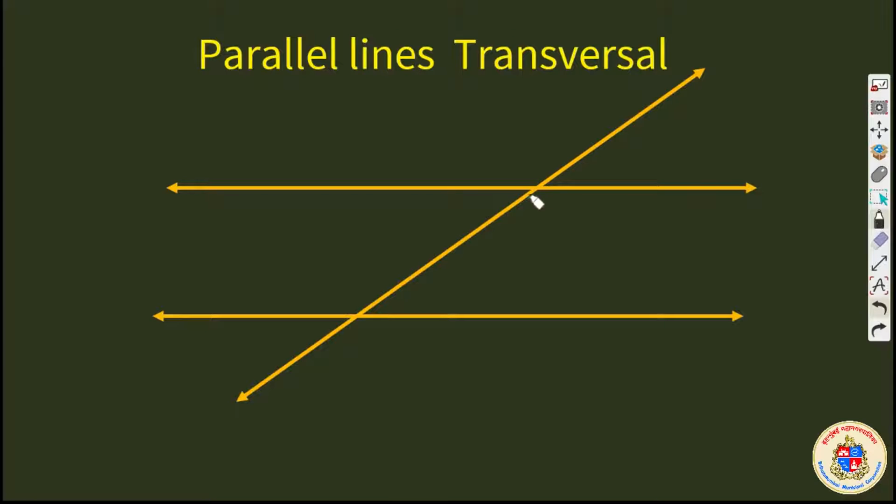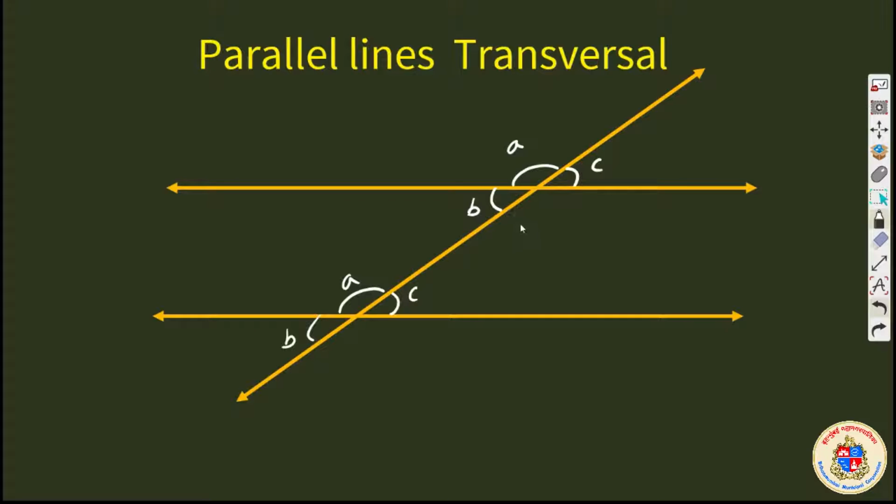For example, these are a pair of corresponding angles. If I name it as A, this is another set of corresponding angles on the same side. If I name it as B, this is another set of corresponding angles.